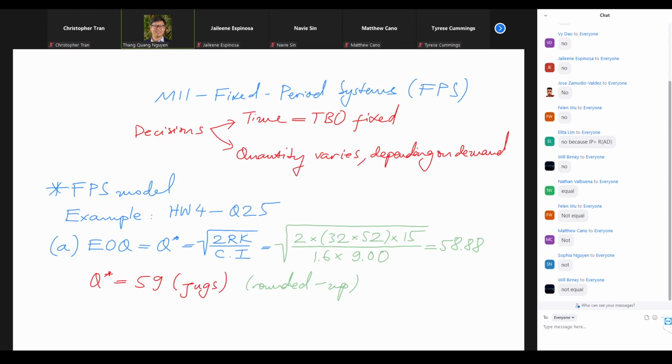Okay, so that's the economic quantity. Remember, we will not order this amount every time because we are under the fixed period system, not the FQS, right? We only do this so that we can do the part B. So remember, this is just an intermediate step.